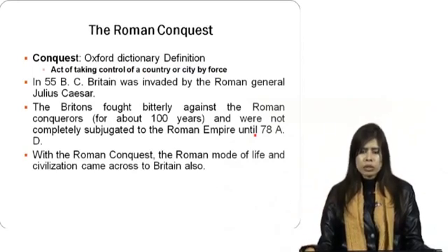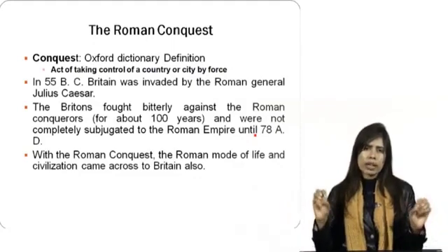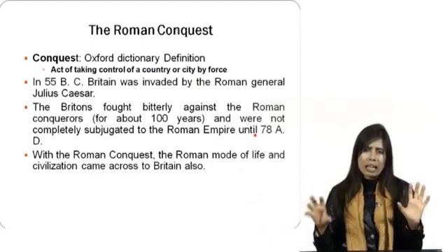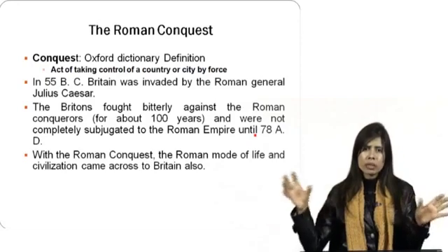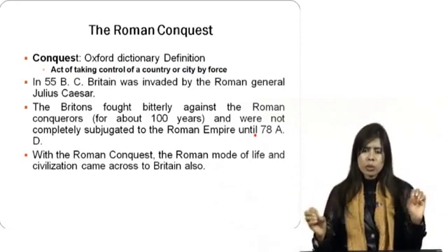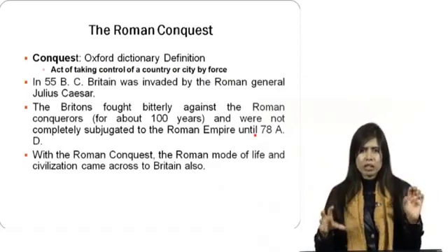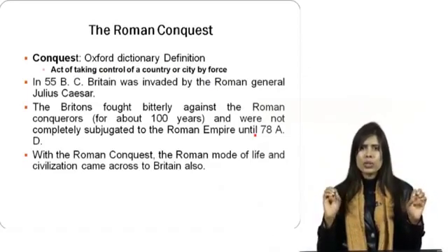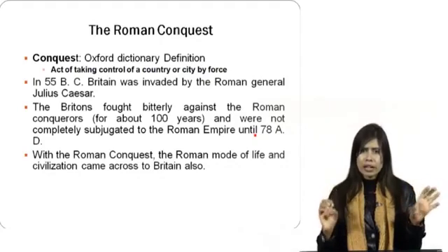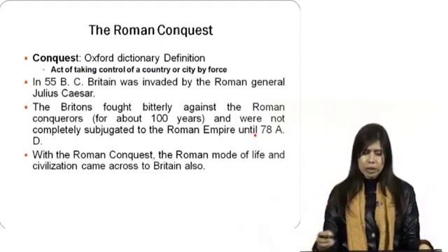With the Roman conquest, the Roman mode of life and civilization came across to Britain also. For example, this culture is strongly related to the ruling class as well. So when the Romans came to Britain, they came with their culture, with their language, with their traditions and everything. I'll explain it to you.